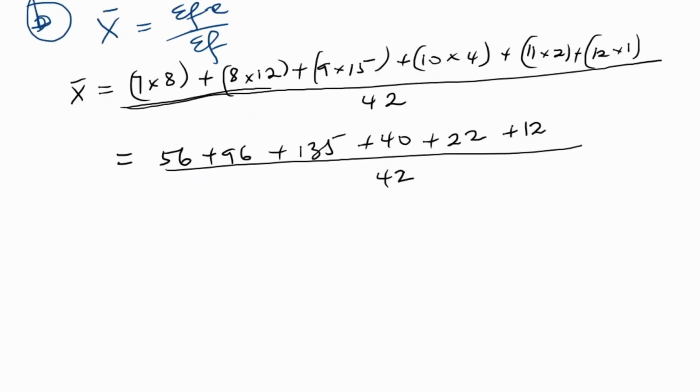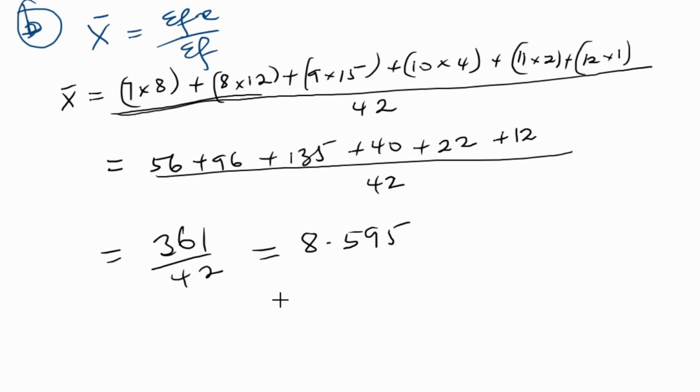If we add the numerator, we should have 361 over 42, and that will give us 8.595. Since the question asks us to calculate to the nearest whole number, this will give us 9 years. So the mean age of the children is 9.